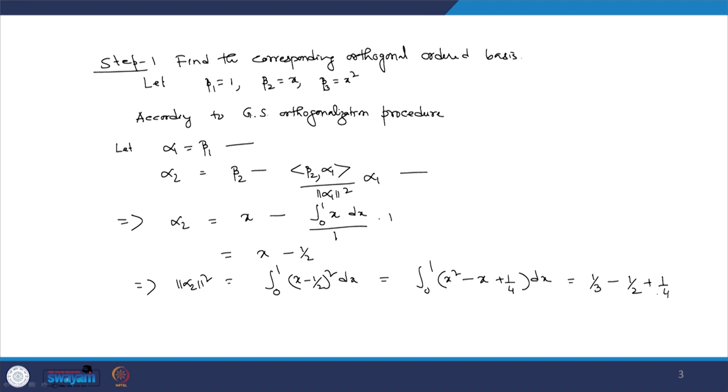So, if I simplify, this will be equal to 4 minus 6 plus 3 by 12. So, this is equal to 1 by 12. So, norm of alpha 2 equal to 1 by square root of this one.